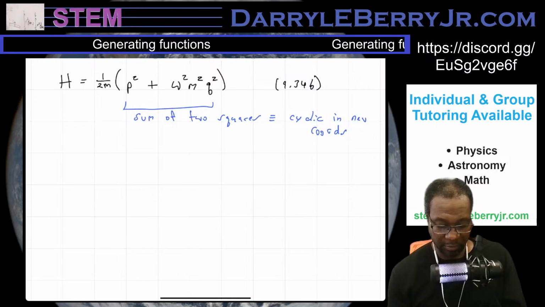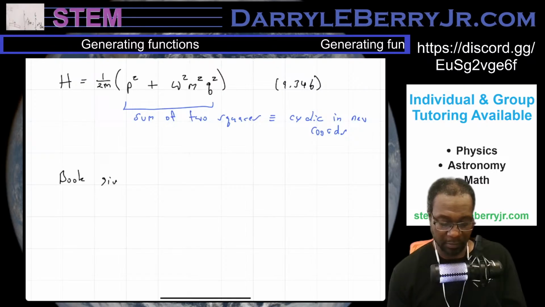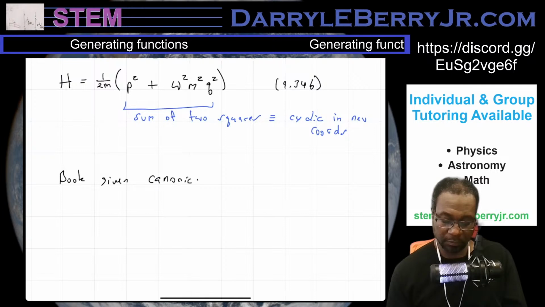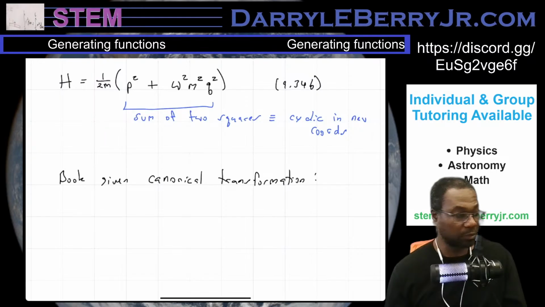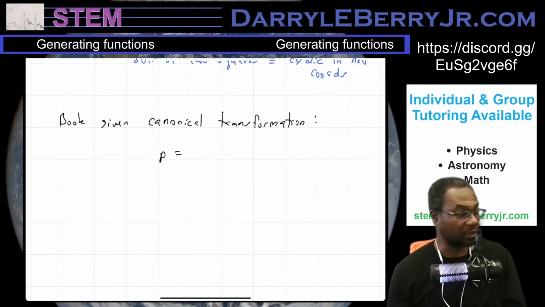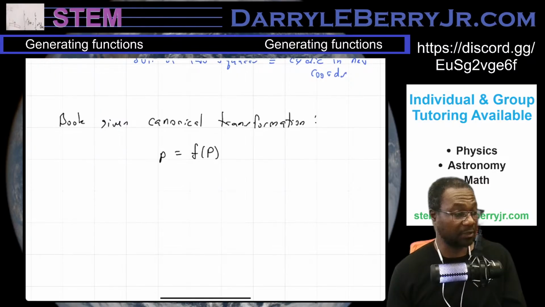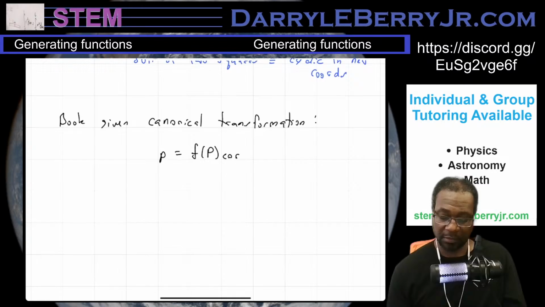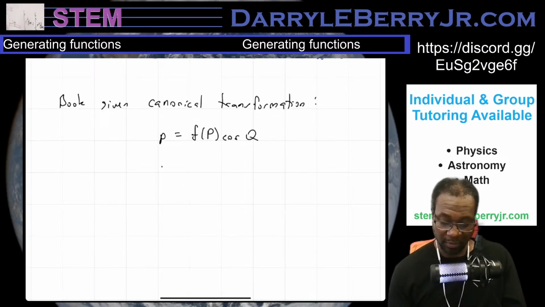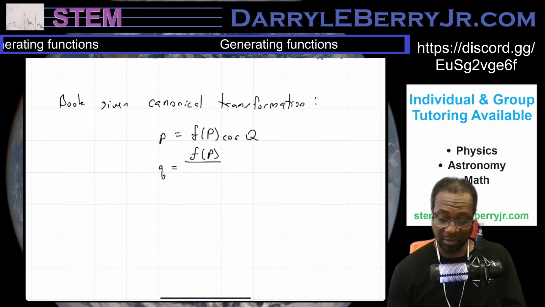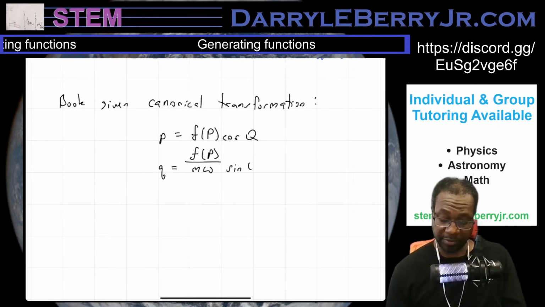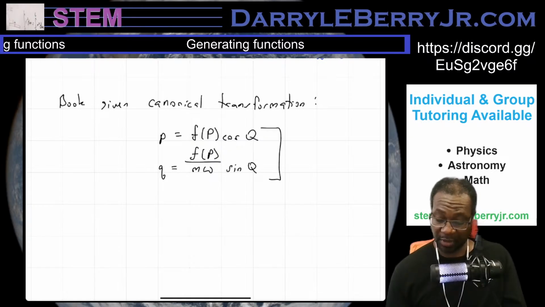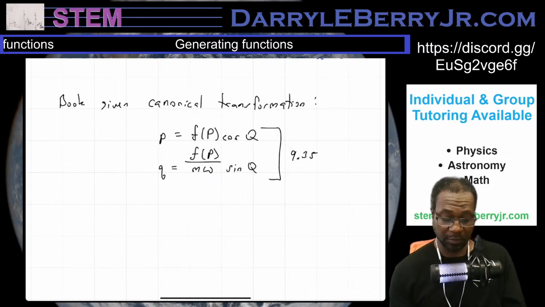The book gives the canonical transformation: little p equals a function of big P times cosine big Q, and little q equals a function of big P over mass omega times sine big Q. And this became our 9.35 a and b.